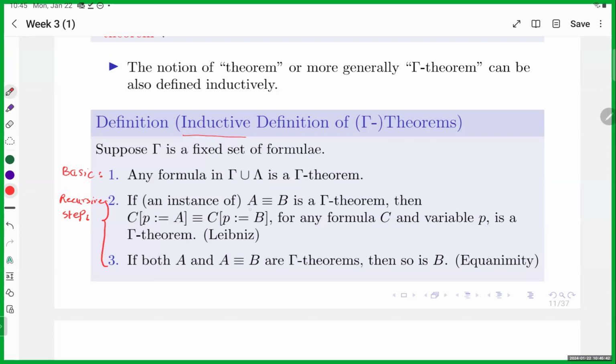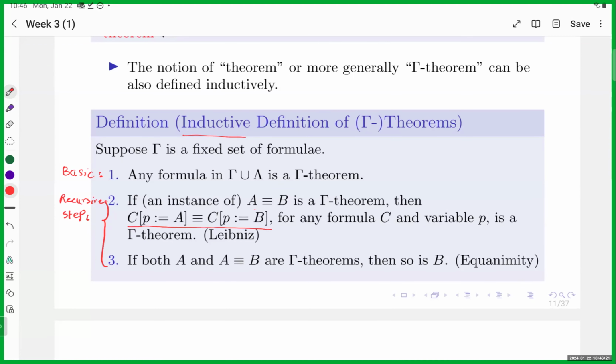So if A equivalent to B is a gamma theorem, meaning there is a proof for it, a finite sequence in which A equivalent to B appears, then this formula, for any C and any variable P, is a gamma theorem.